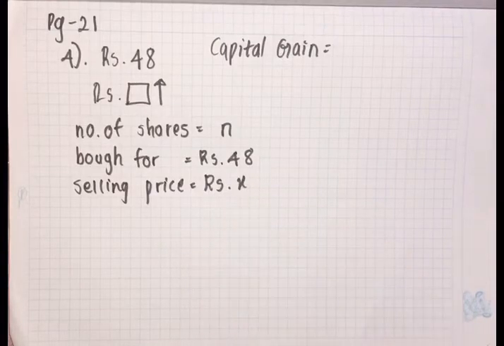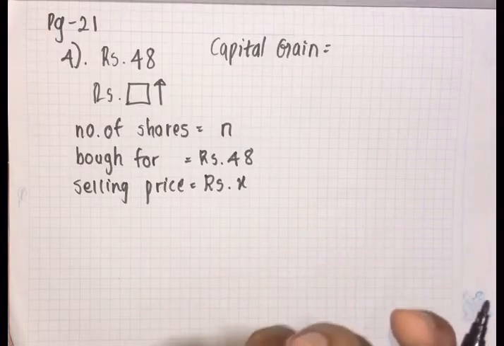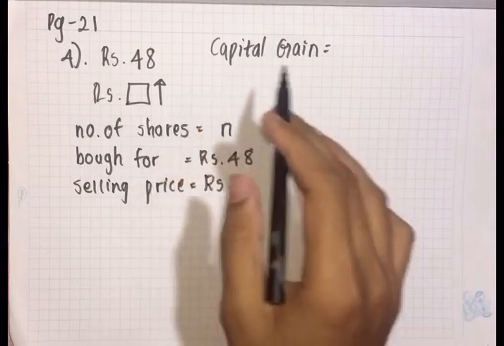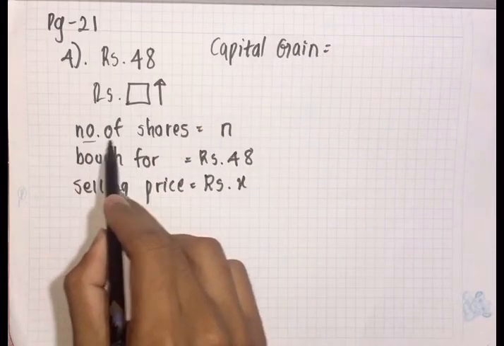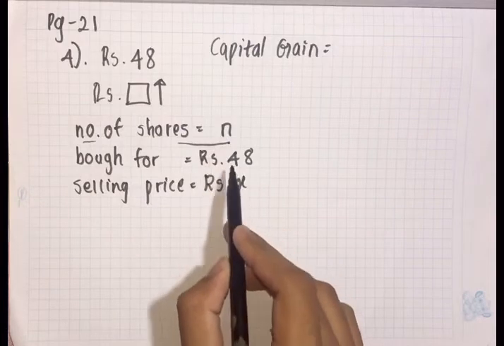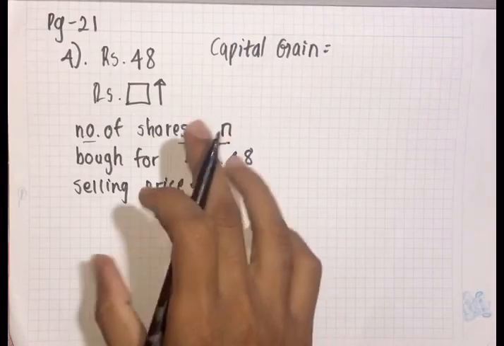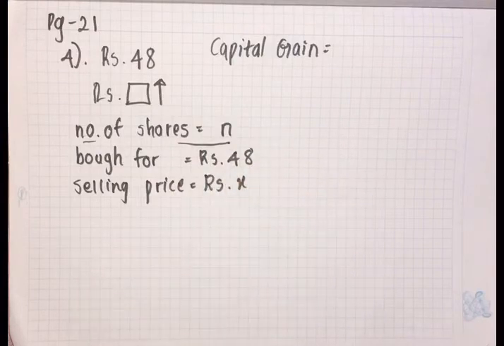Now you can find out how much he invested in the company at first. To start this business, how much did he have in hand? He bought n shares. One share is 48. Therefore, if you multiply 48 by n, that is the total amount he invested in the company.